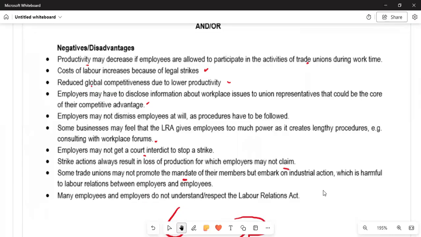And then if we are moving on, let us understand now the key concepts, and we can see that those can be the effects. Many employees and employers who do not understand the Labour Relations Act may also be affected in this instance.